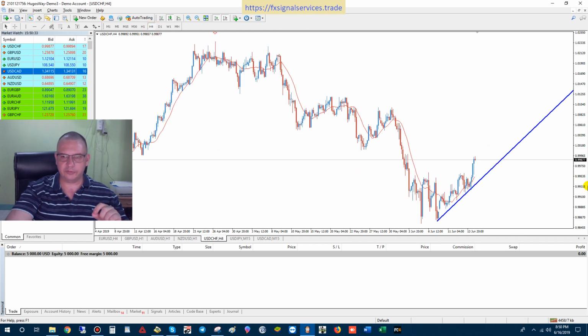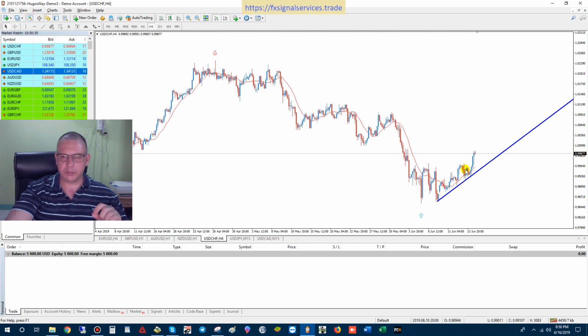If we look at the H4, we see an uptrend. We don't see any down arrows yet. So if this price comes back down, touches this trend line, and goes up even further, how much further will it travel? That is a question. And we can see that we have this level of resistance right here.